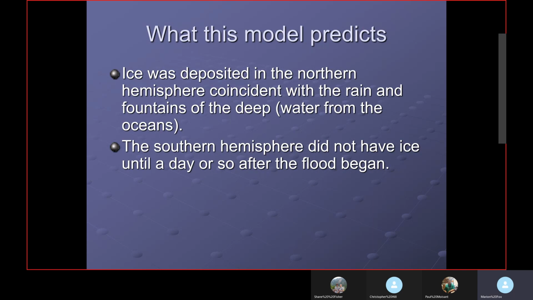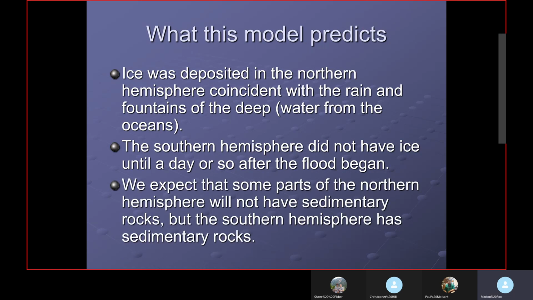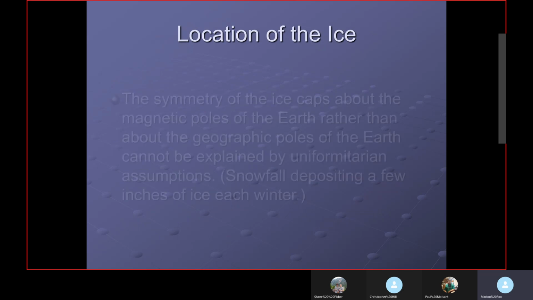So it had the flooding action before it got the ice. We expect that some parts of the northern hemisphere will not have sedimentary rocks, but the southern hemisphere has sedimentary rocks. So that being the case, we would expect that some parts would not. They'd have been covered by ice that would not have melted during the flood because it was too cold.